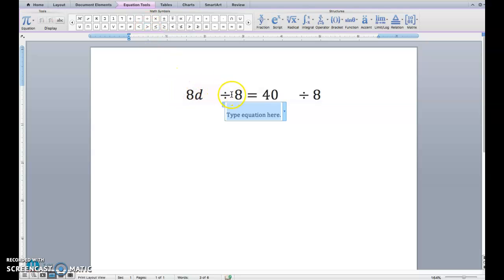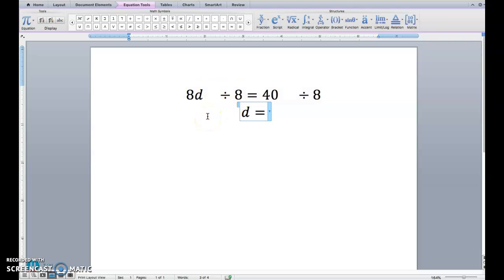8 divided by 8. Well, that's 1. Okay, 1d equals 40. Oh, wait a second. I'm not thinking straight. Okay, this is multiplying by 8. We know that we don't see anything between the 8 and the d, so we know we're multiplying by 8 here. And then we know we're dividing by 8.